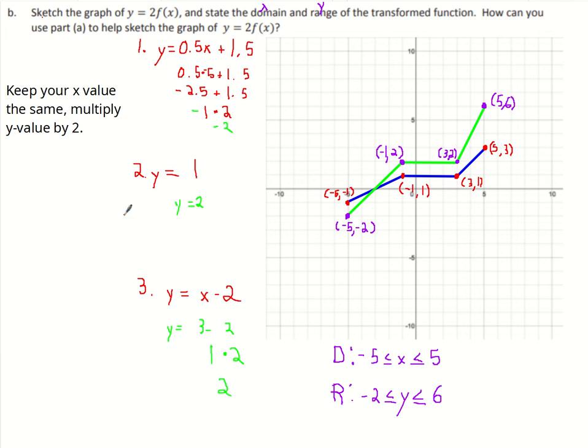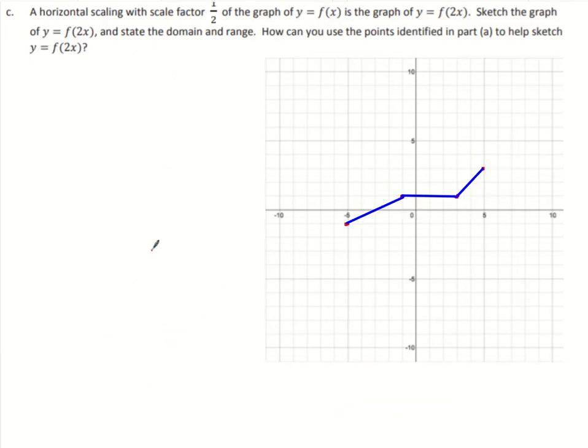Now, this was for our vertical stretch. Part C over here says, hey, what about if we had a horizontal scaling with a scale factor of 1/2? You see here, with 1/2, we're not going to stretch. We're going to do the opposite. We're going to compress. So a horizontal scaling with that scale factor of 1/2 of the graph y equals f of x is going to be the graph of y equals f of 2x.